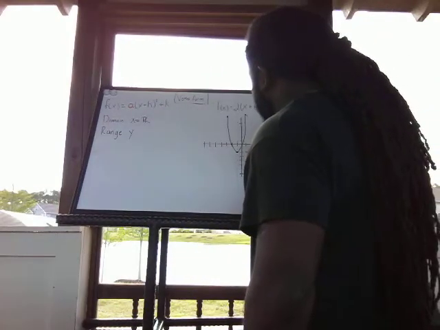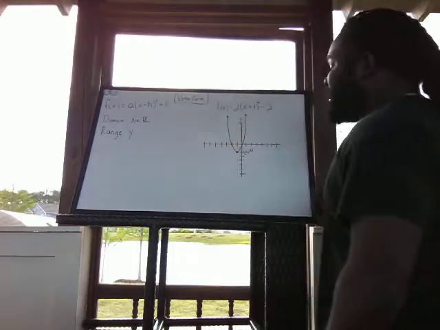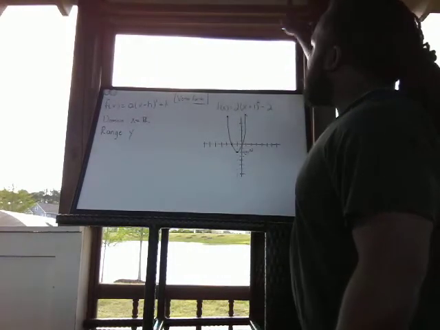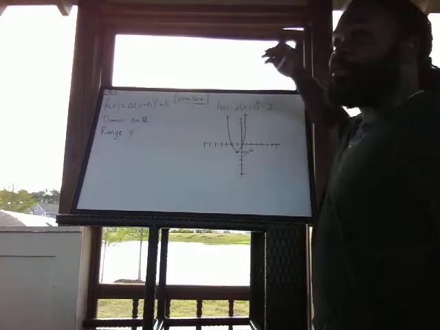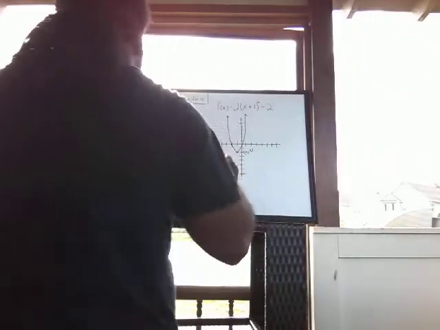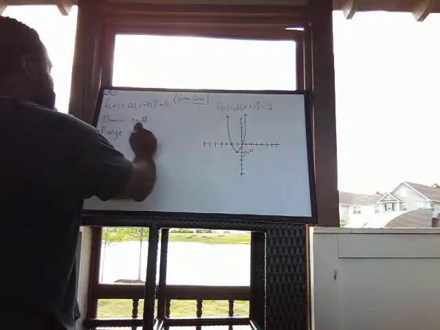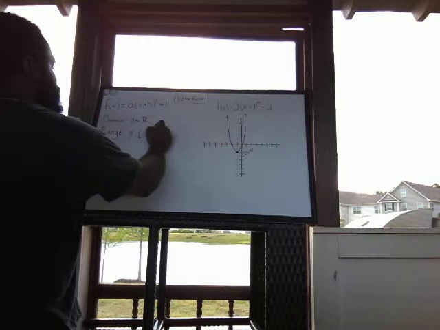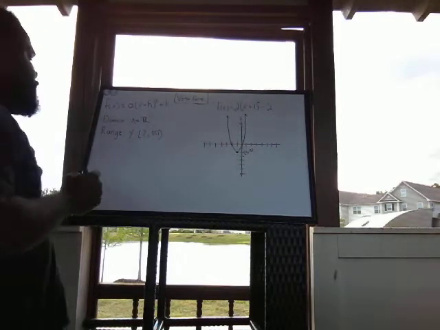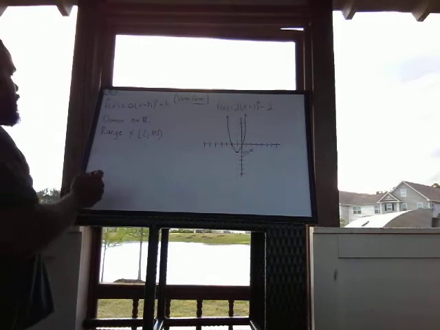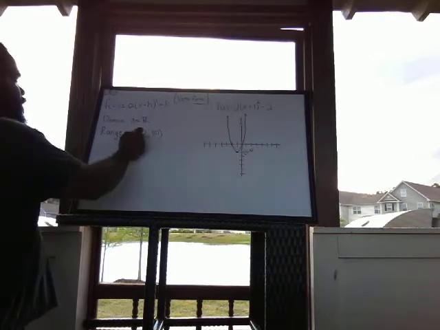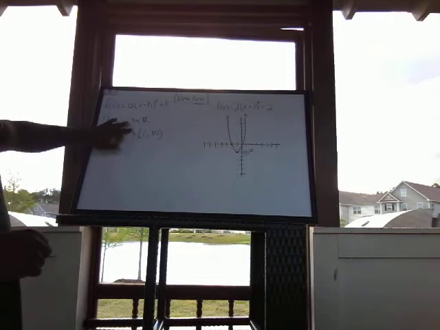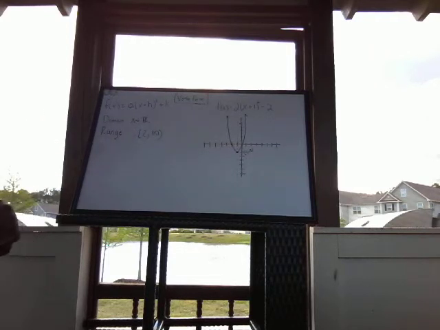That point is (-1, -2), which means that my range will go from -2 all the way up to the top, which is infinity. That would be my range value.